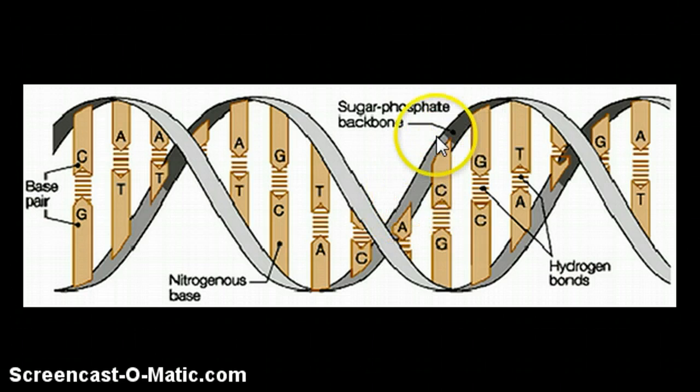The backbone, the thing that is actually holding together an entire strand of DNA, is that sugar phosphate backbone, and it is repeating sugars and phosphates. And we'll look at that in more detail once we look at DNA replication, which is how we would make more molecules of DNA. But right now, that's about all for structure of DNA.